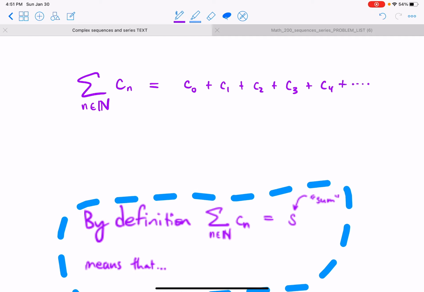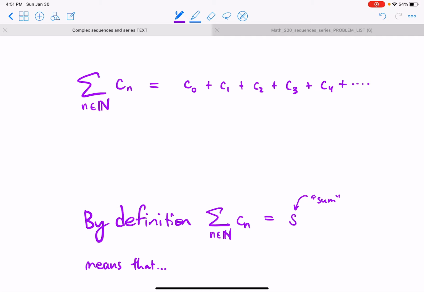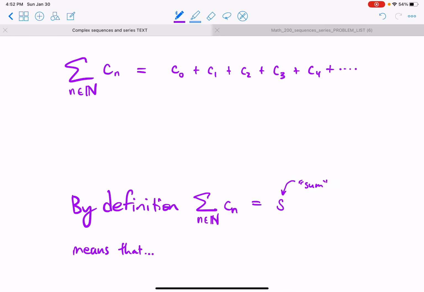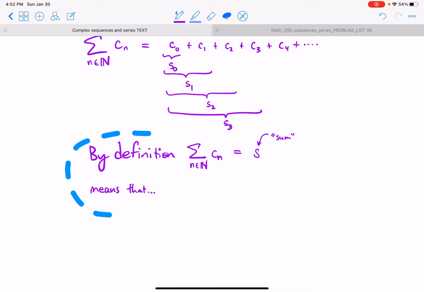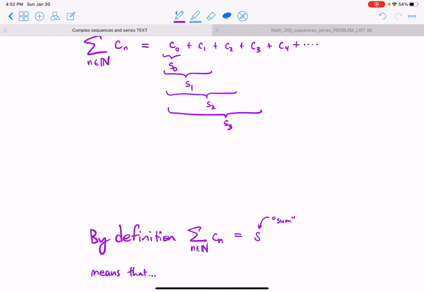So we already know how to say that a sequence converges. And so what we do is we take this infinite sum and we create a sequence. S0, S1, S2, S3. And so we just take the sequence of what?